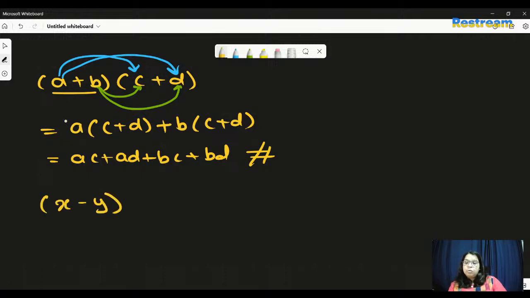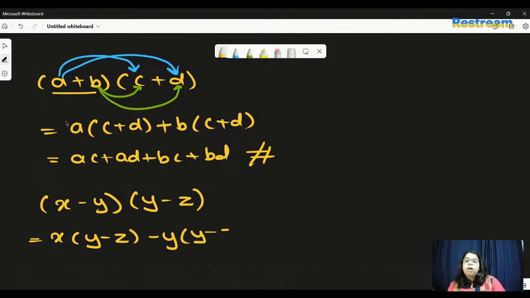Okay, what happens when we have x minus y into y minus z? Okay, so it is x into bracket y minus z minus y into bracket y minus z. So this y will come along with the negative sign. That is what we have to remember when we are doing this. So negative signs are confusing. I'm not saying that they are easy, but once you learn how to manage them, they become really very friendly and very easy.